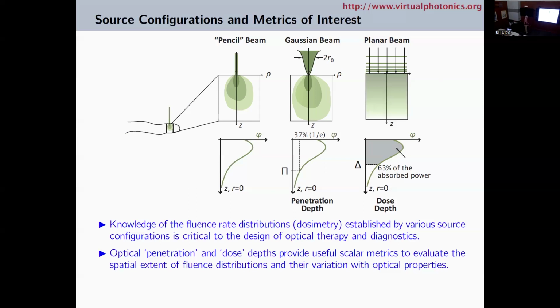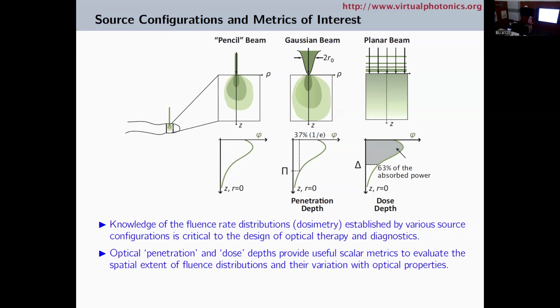And then in terms of approximating penetration depth, you can imagine 2 situations. One is that you may just want to know at what depth do you exceed some minimal fluence rate that you want to achieve in the material. And that could be linked to the incident light that you have. So, what is the 1 over E depth of that light? And we call that, for lack of a better term, delta P for penetration. So we just want, at what depth do we get a certain intensity?